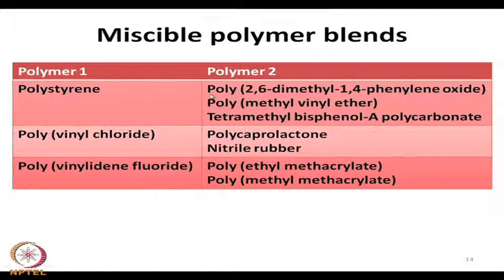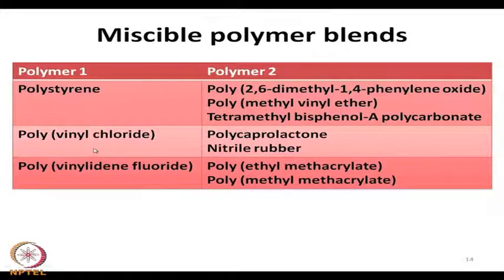One example can be poly 2,6-dimethyl 1,4-phenylene oxide. So, polystyrene with this polymer can have a good blend. Polystyrene with polymethyl vinyl ether can be a different, new polymer blend. Polystyrene with tetramethyl bisphenol A polycarbonate will be again a new polymer blend.